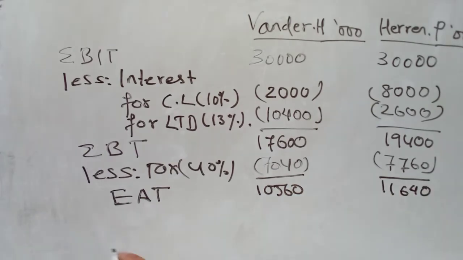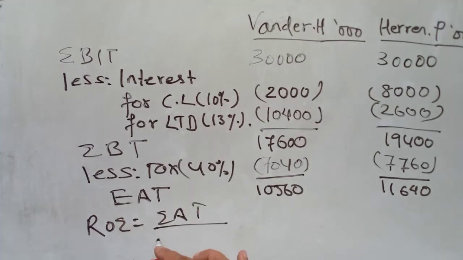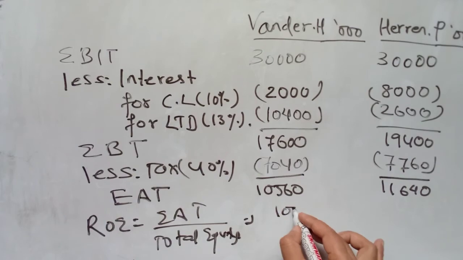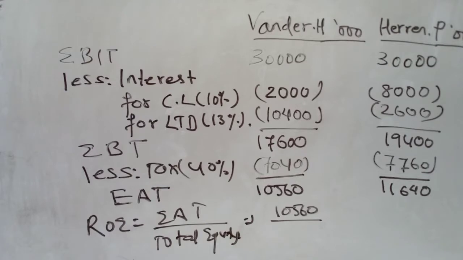11,640. Therefore ROE is equal to earning after tax divided by total equity. For Vanderheiden Company, if we look in the question, the earning is 10,560 divided by total equity, which is long-term debt and current liabilities.